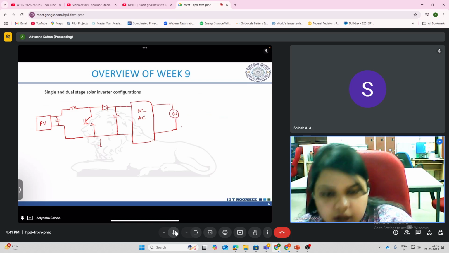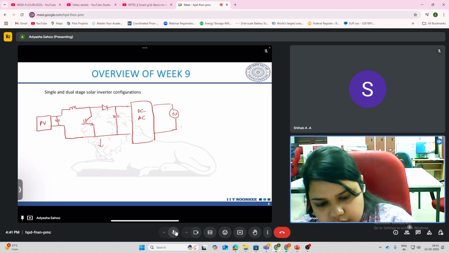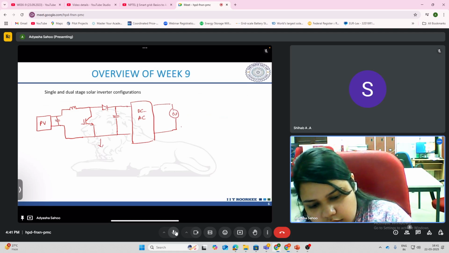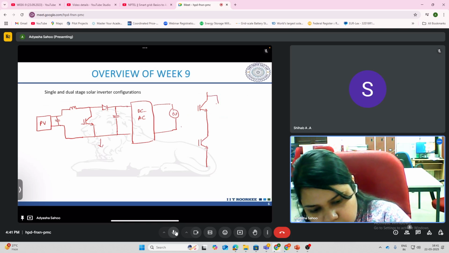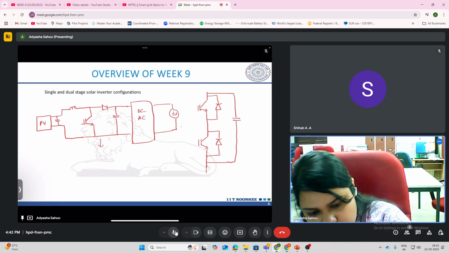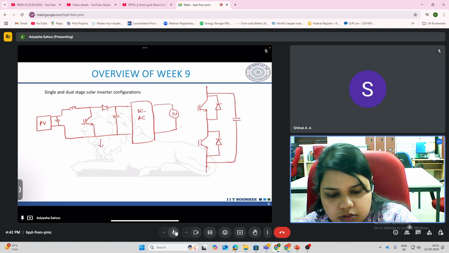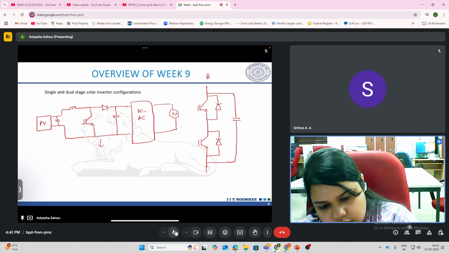In this Semikron IGBT stack you have one leg remaining, and each leg looks like this. So can we utilize these components to get the configuration of a boost converter?